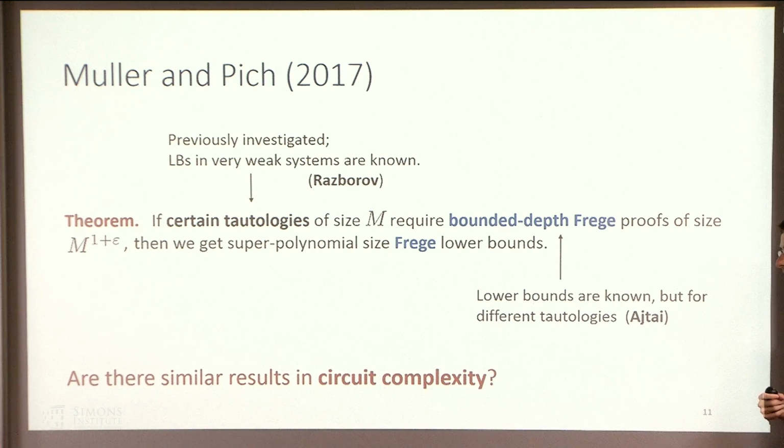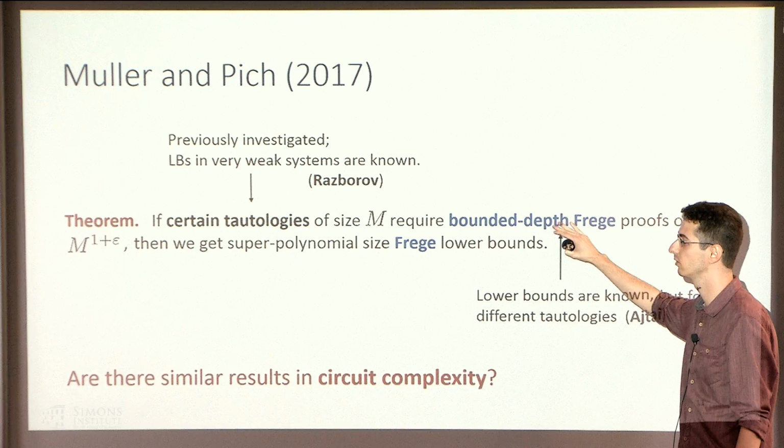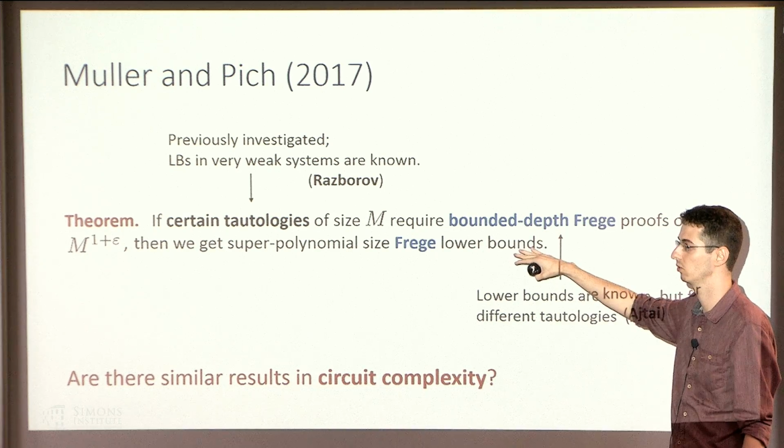Yes? It would seem, from what you're describing about the tautologies, that if you actually prove the tautologies, you get a circuit lower bound. Or at least, a uniform proof of the tautologies would give you a useful property. Why is that? This is saying that a superlinear lower bound on the proof length implies a superpolynomial lower bound.